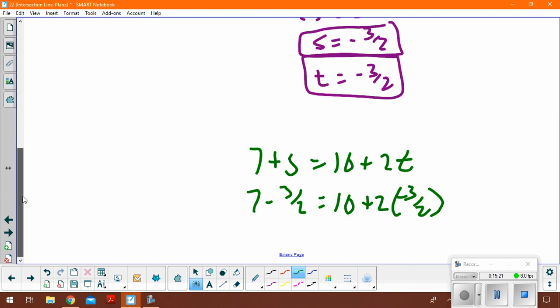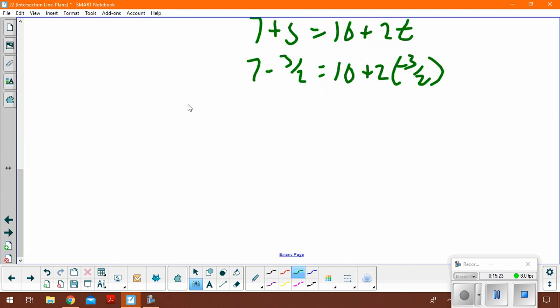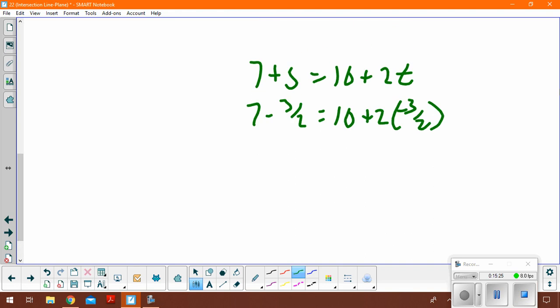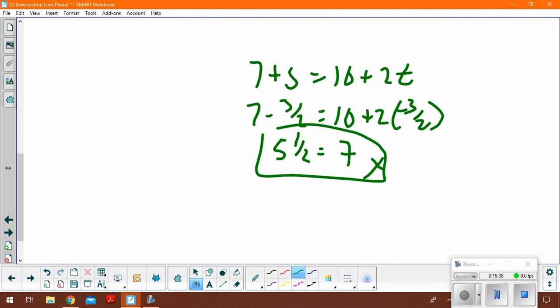Nope, definitely doesn't work. Because this side is going to be less than 7, and this is 5.5, and the other side is 7. So no, they do not intersect.